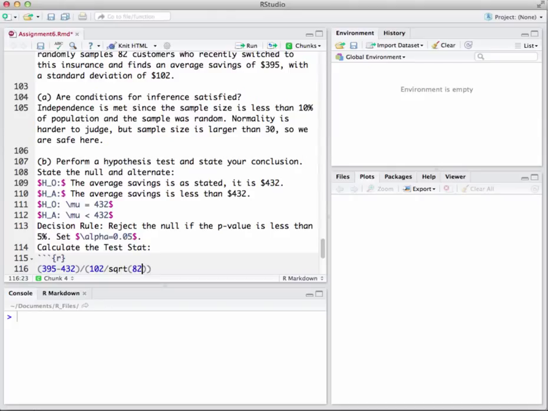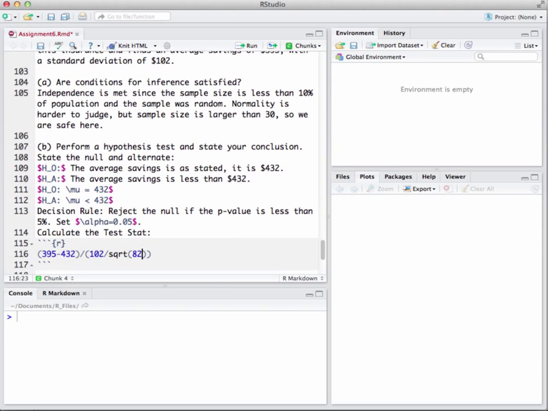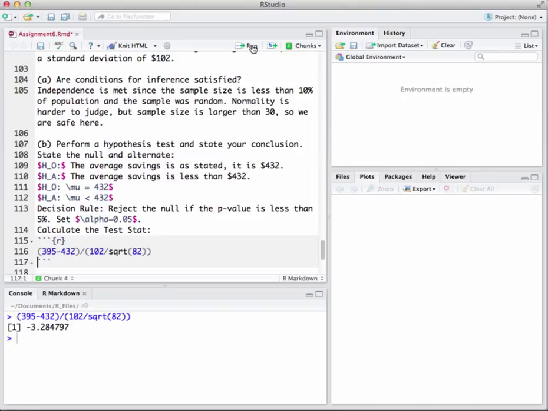Make sure that you have the formula for calculating z stowed away nicely someplace in your reference book where it's easy to find. Okay, so let's go ahead and run that. And we get, whoa, look at that. That is a huge z-score. We get a z of negative 3.284797, which means that the value of 395 was more than 3 standard deviations below the mean.